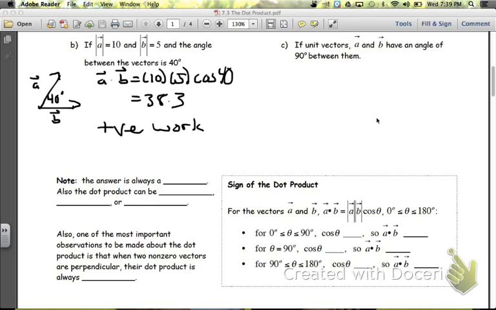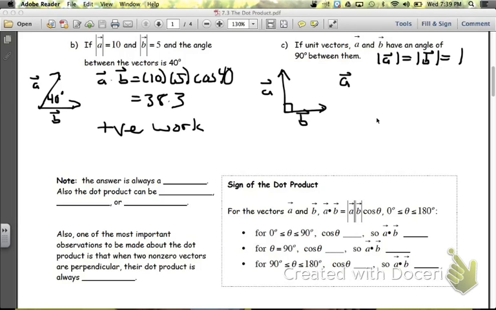Let's look at C here. We have unit vectors. Recall that the magnitude of any unit vector is always equal to 1, and we know the angle between them is 90 degrees. Therefore, they are what we call perpendicular.